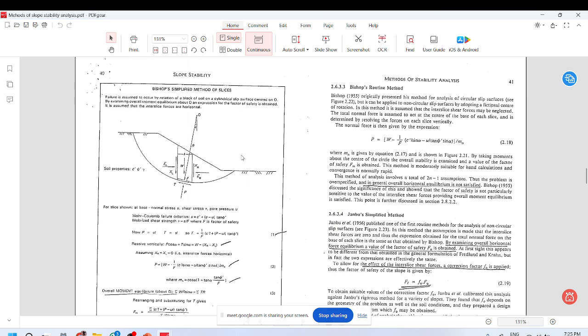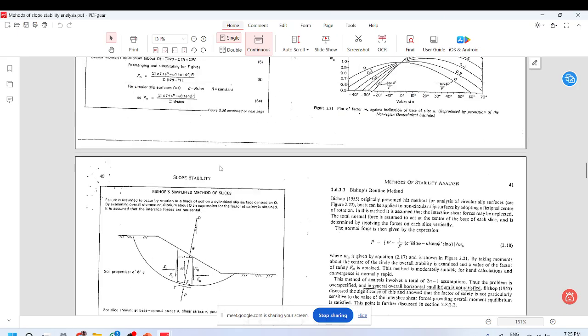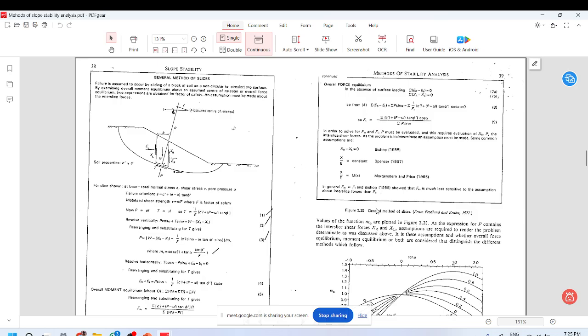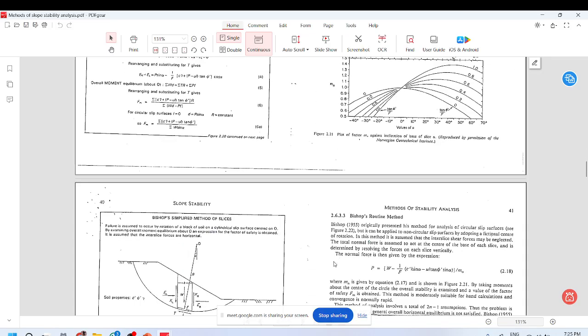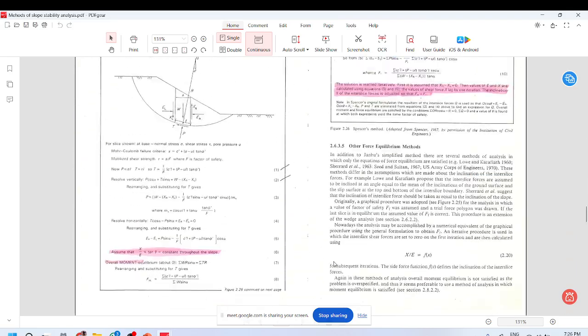So this is Bishop's method, and that is about the factor of safety.